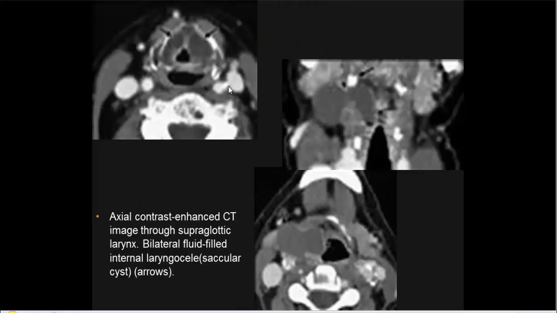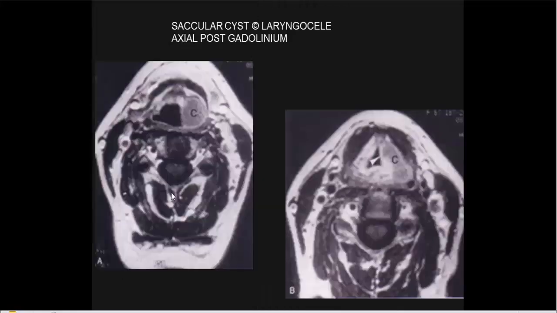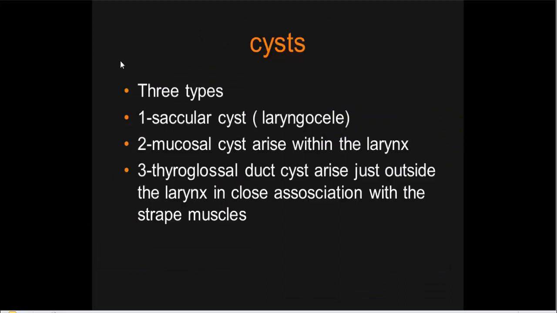As we see, axial contrast-enhanced CT of the supraglottic larynx shows a fluid-filled internal laryngocele presenting as a saccular cyst. This is a saccular cyst laryngocele, meaning fluid filled. There are three cysts: saccular cyst laryngocele, mucosal retention cyst arising within the larynx, and thyroglossal duct cyst arising just outside the larynx, with association to the strap muscle.